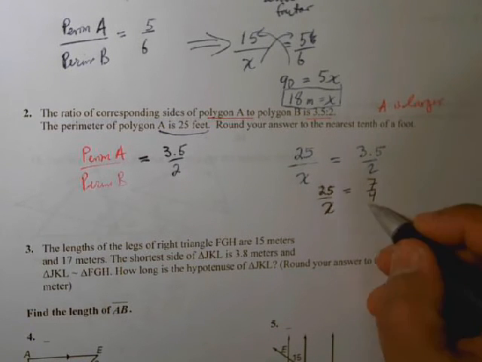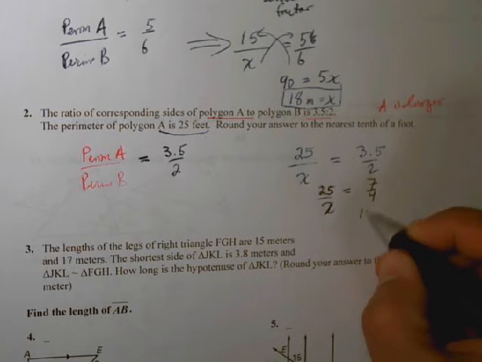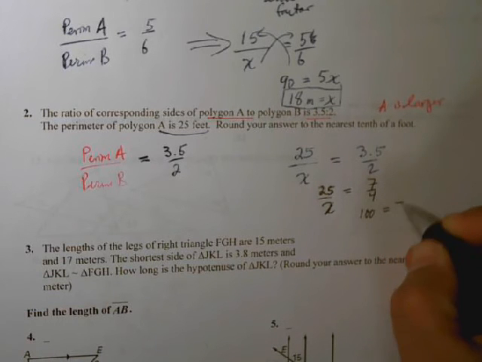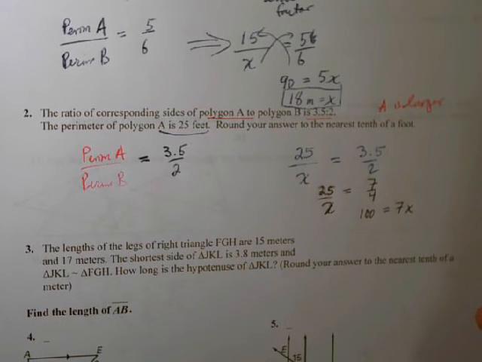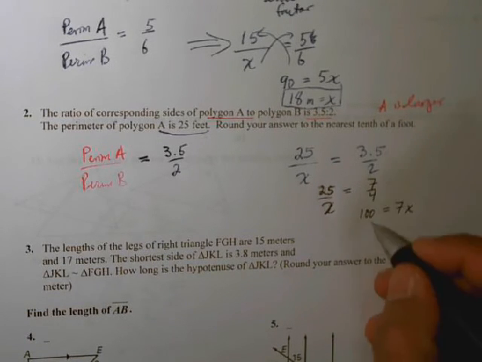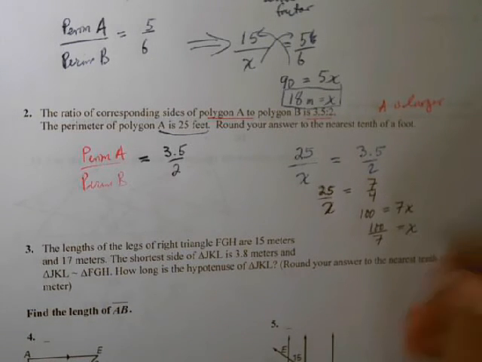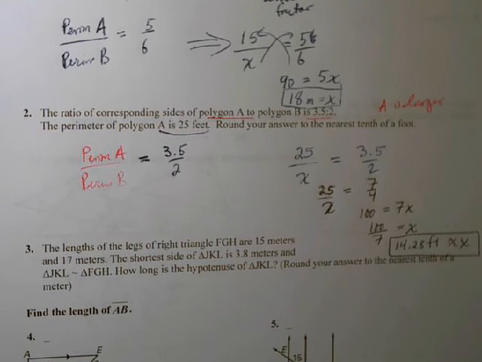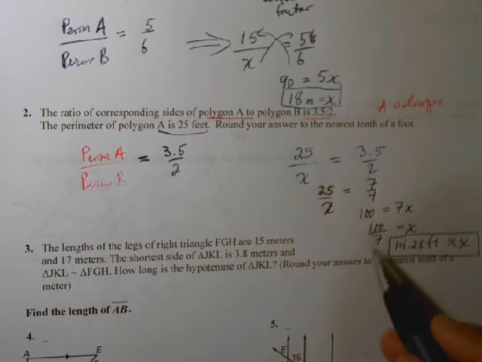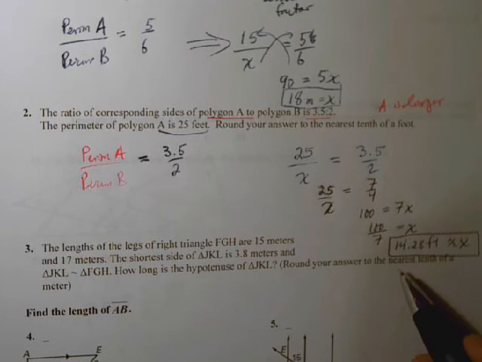We're going to multiply both sides by 4 and both sides by x, and we get that 100 is equal to 7x. Divide both sides by 7, and we get 100 over 7 is equal to x. And so 100 over 7 is about 13.28.